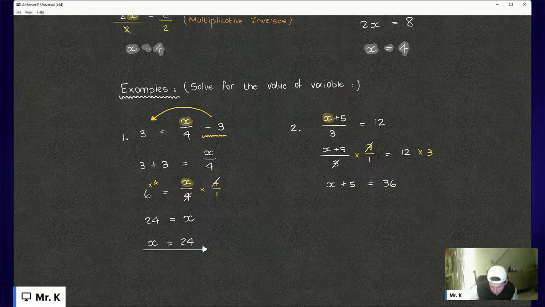Now, if you have not brushed up on your division of fractions, we can use tip and times to our advantage. You leave the first fraction as is, you tip the second fraction, and you multiply. When we do this, 7 times 2 gives us a value of 14. But in a test or an exam, a lot of students get caught out by this idea of dividing by a fraction.